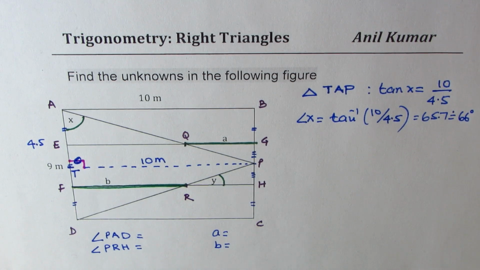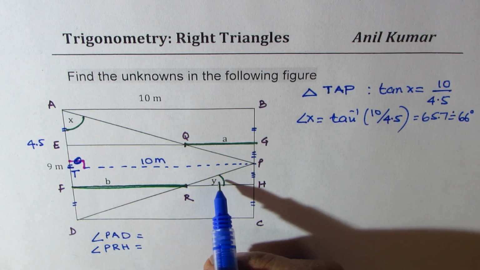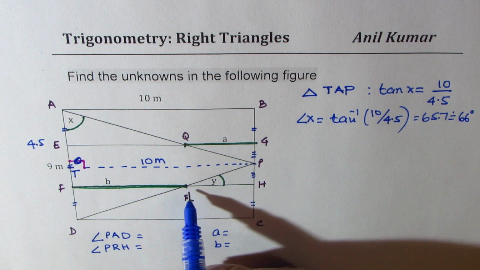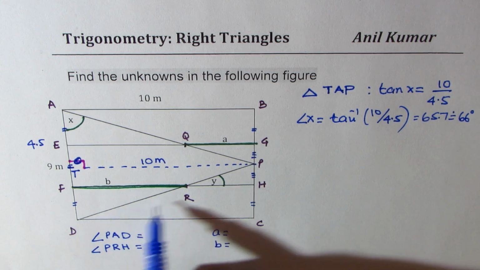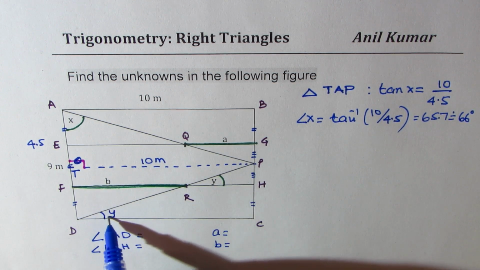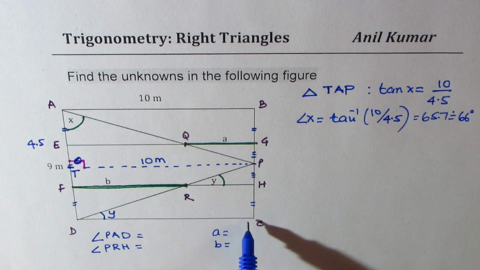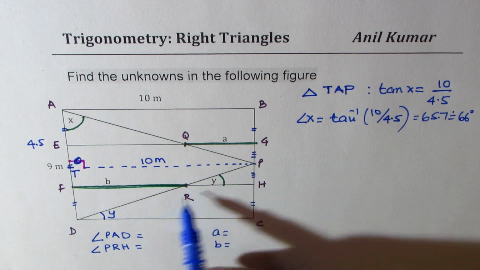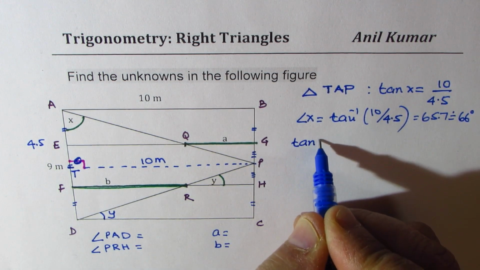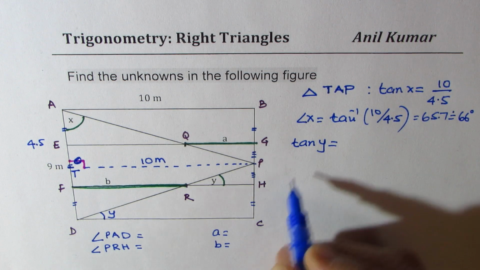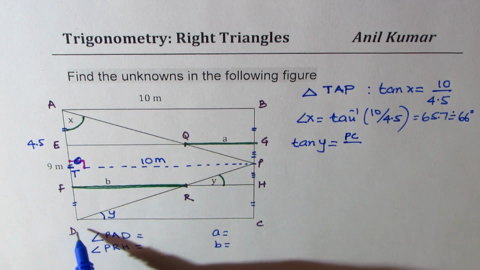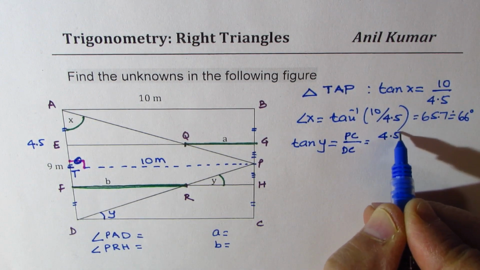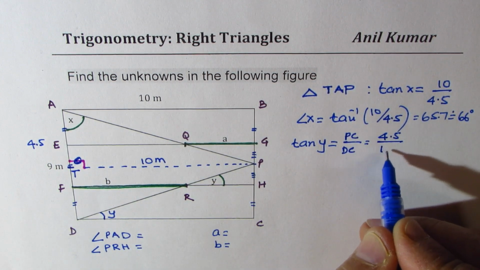Now, how do we get the sides and the angle Y? To get the angle Y, again from here you can see that it is the opposite side, so we can say tan of y is equal to PC over DC. Now PC is 4.5 and DC is 10.